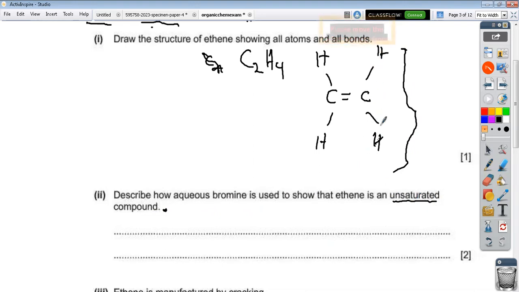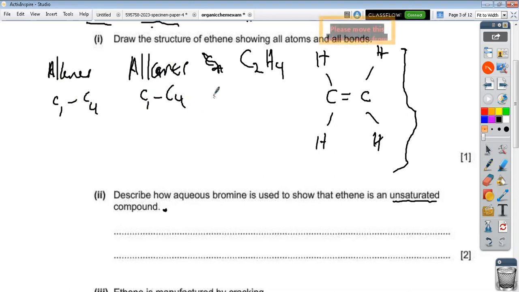Now, my question is this: what state is this? They won't penalize you, you get the 2 marks, but what's the correct way to describe how we do that? Is this a gas or a liquid at room temperature? Brandon, is this a gas, a liquid, or a solid? You need to know that whether alkenes or alkanes, from C1 to C4, it's in your chemistry complete book, they are all gases at room temperature.